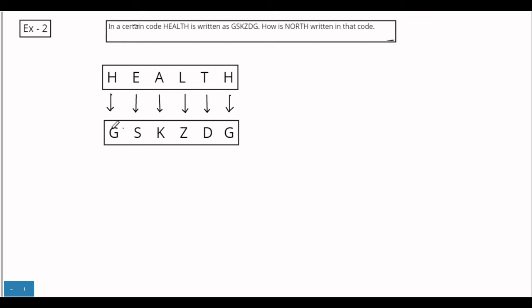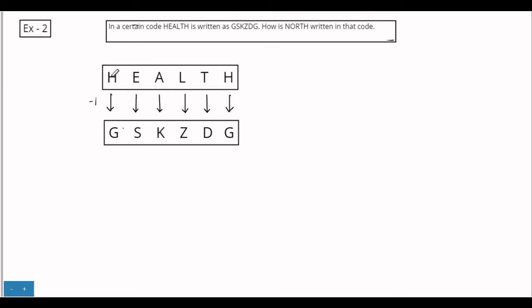Now in the second example, G is before H and it's G, H, so it'll be minus 1 here. And now E is before S, but there is no relation that we can see. And even after that, A and K wouldn't have much relation.